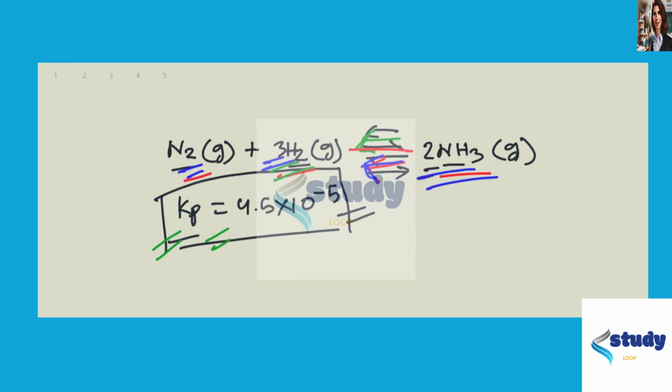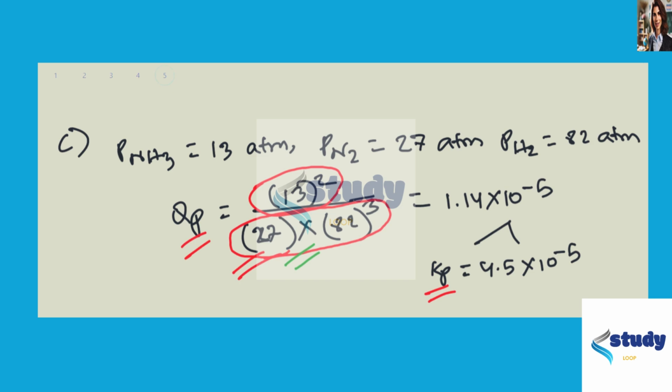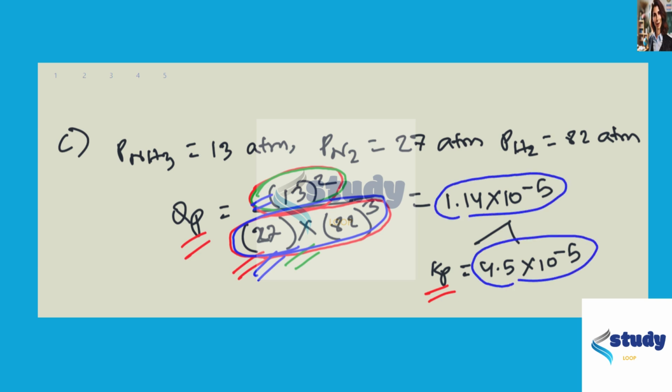This way we have more product and less reactant, so we increase the partial pressure of the product and decrease the partial pressure of the reactant. This way we can increase the Qp value up to the required Kp value, and reach the equilibrium.